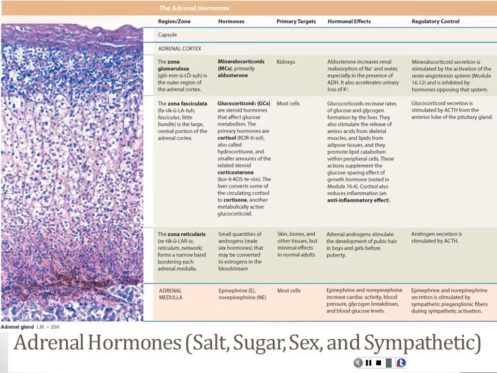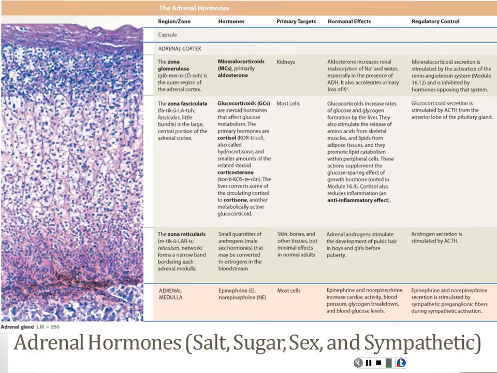Now, the more common name for this group of substances is steroid hormones. Okay, so when you talk about people injecting steroids or pumping steroids to build muscle, well, they're probably using one of these glucocorticoids. Because in addition to raising blood sugar, they also encourage the development of muscle tissue as well as bone tissue.